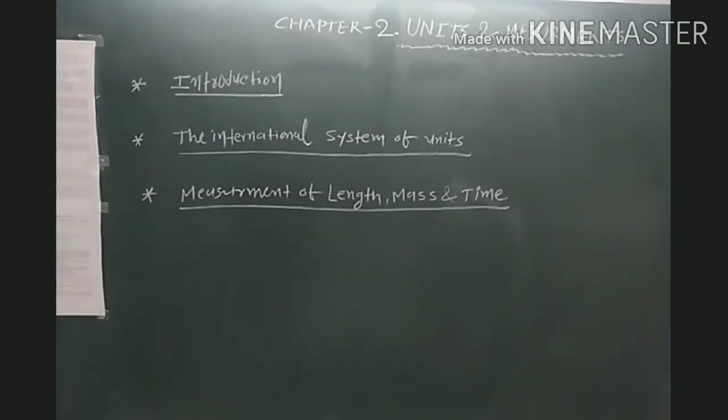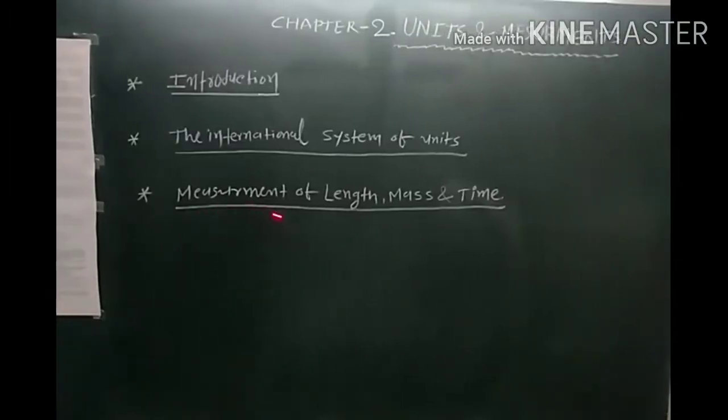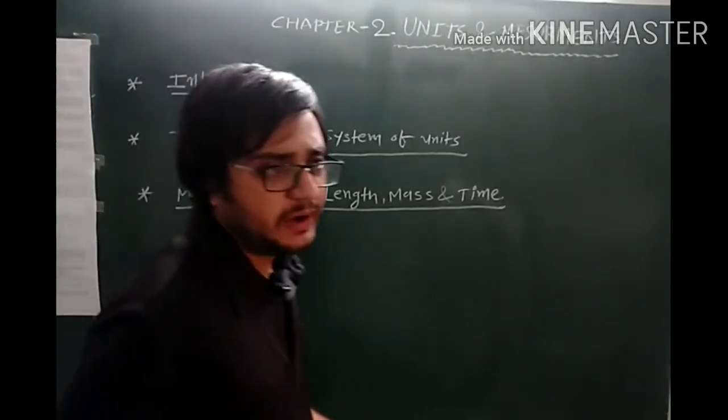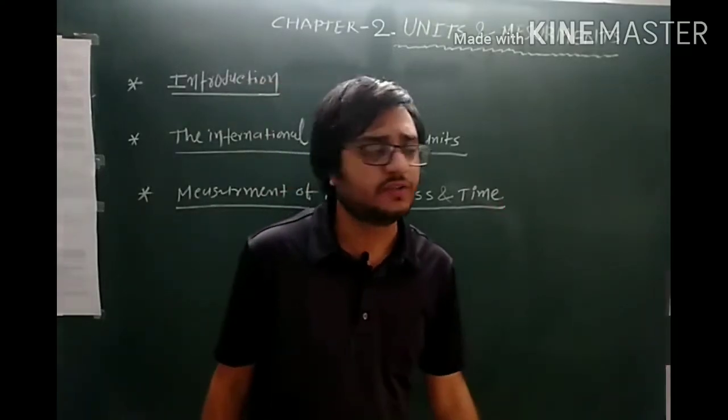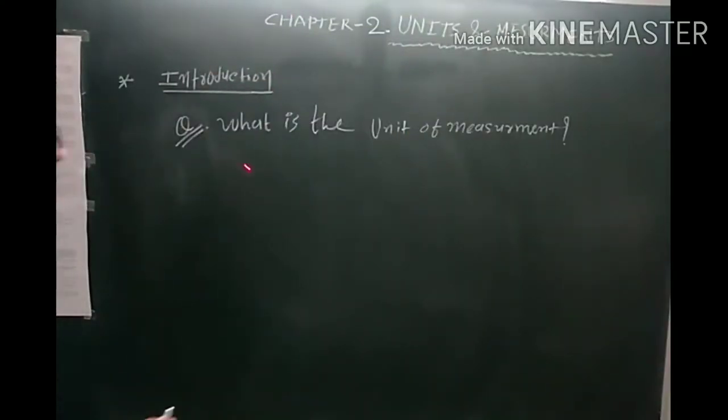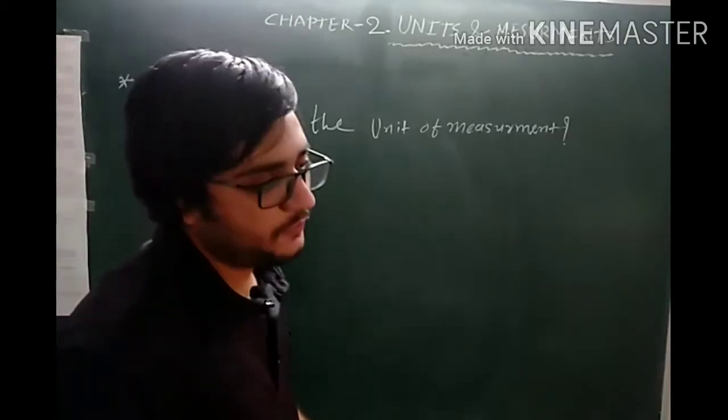Similarly, there are different types of units of measurement for length, mass, time and other things. Let us see one by one. The question arises in our mind: what is a unit of measurement?